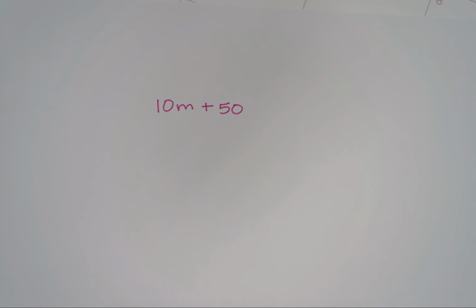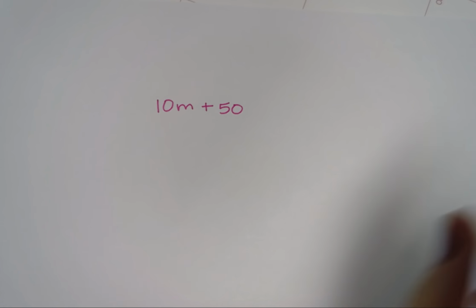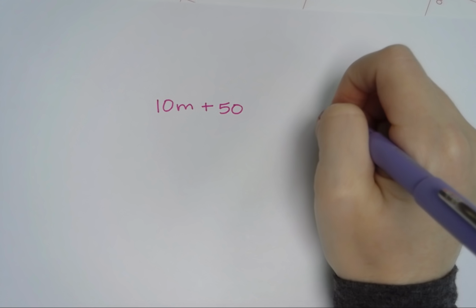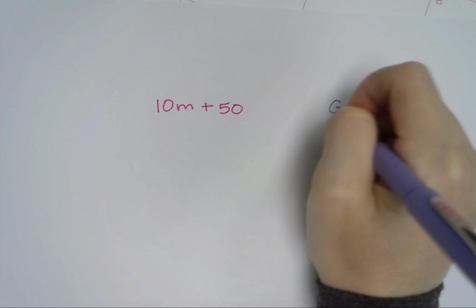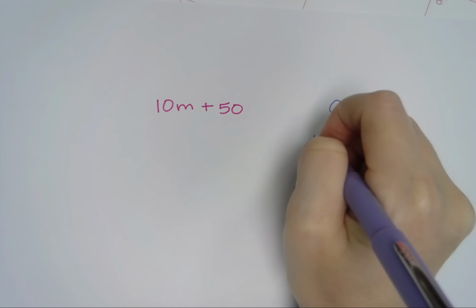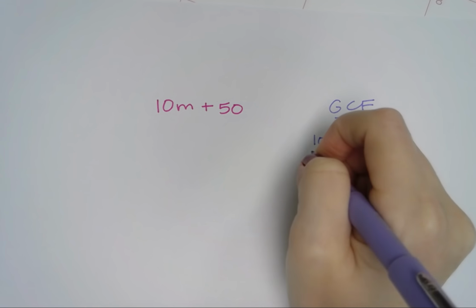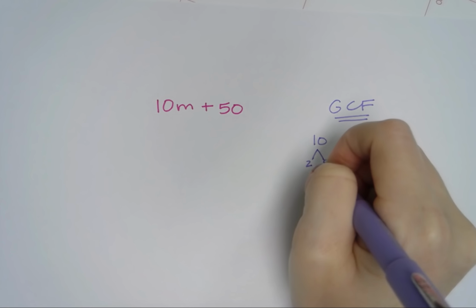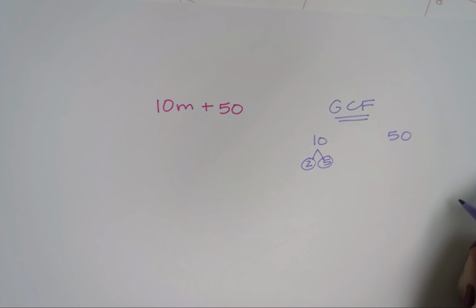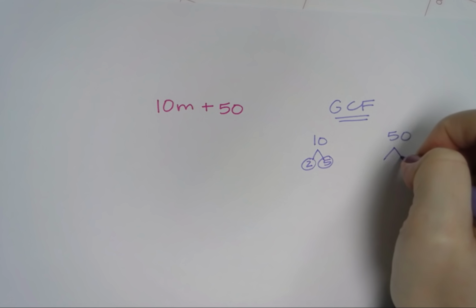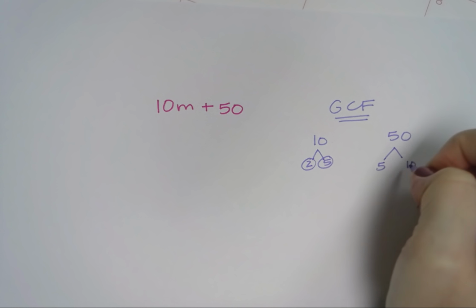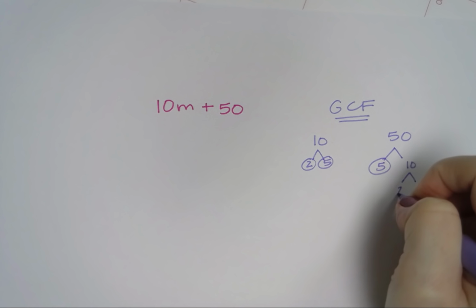Now looking at this one, it should be pretty easy to see, but again, I just want to practice how to find the GCF. So I have 10 and I have 50. 10 is 2 times 5. 50 is 5 times 10, 2 times 5.